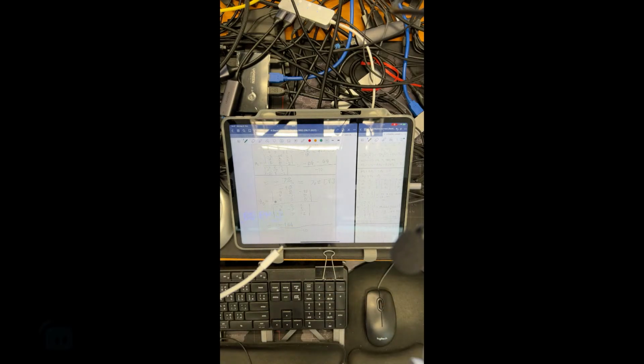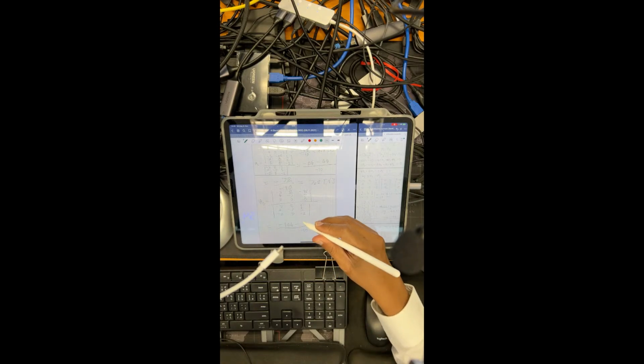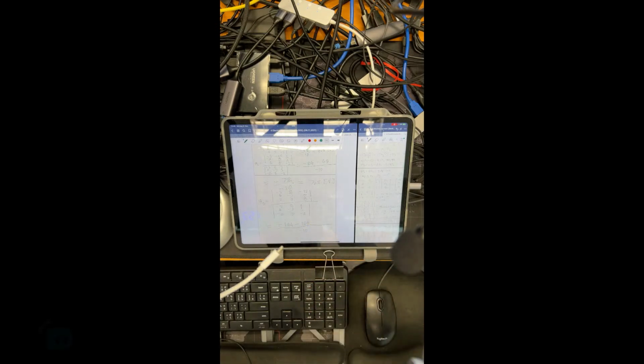Now let's go upright. 2, 4, so this is 2 minus 7 and 12. What is that? 168, right? And it's positive 168. But because we go upright, it should be negative.